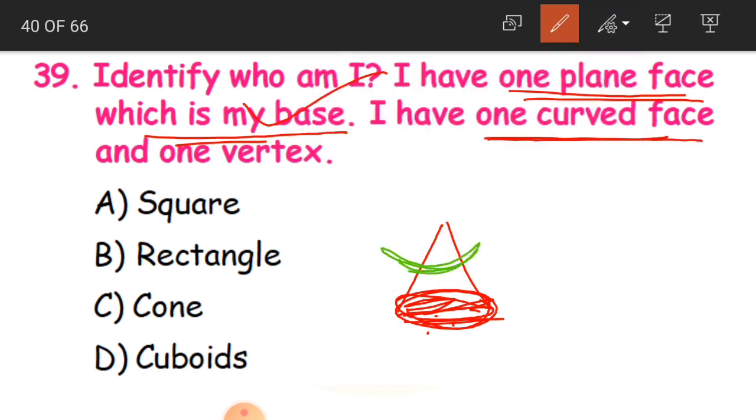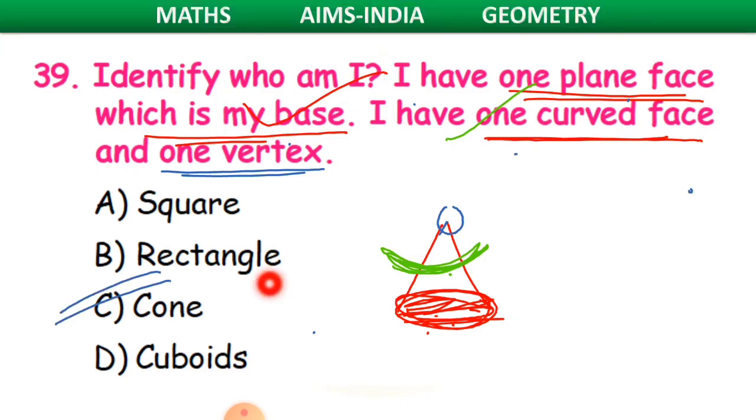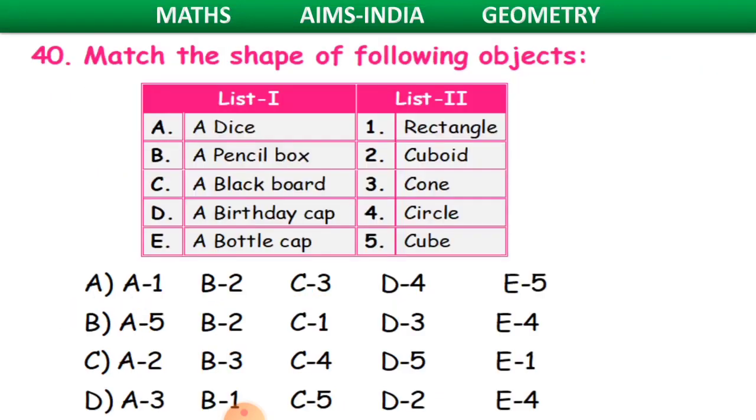Yes, here it is a curved face, so this is also true. Now coming to the third one, I have one vertex. Yes, it has only one vertex. So here cone is fulfilling all three conditions given in the question. So our figure that we want here is cone. Cone is the correct answer.